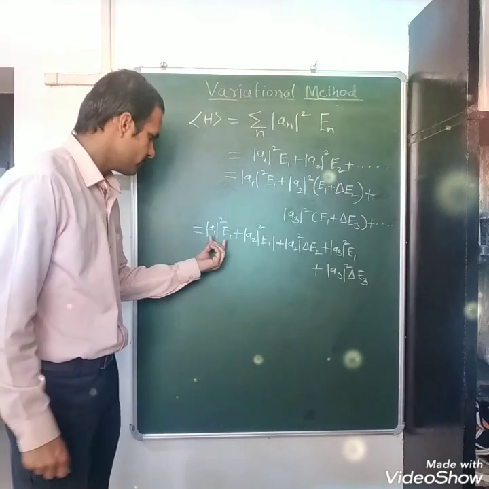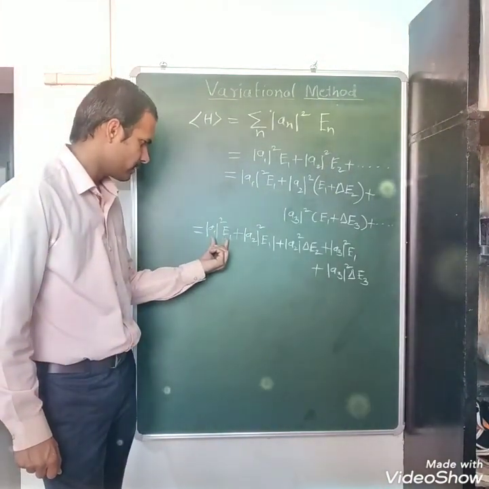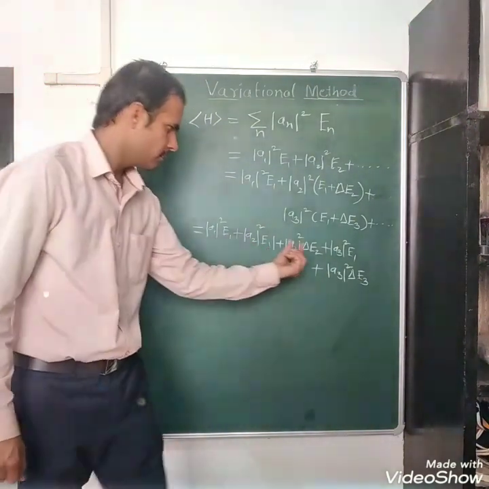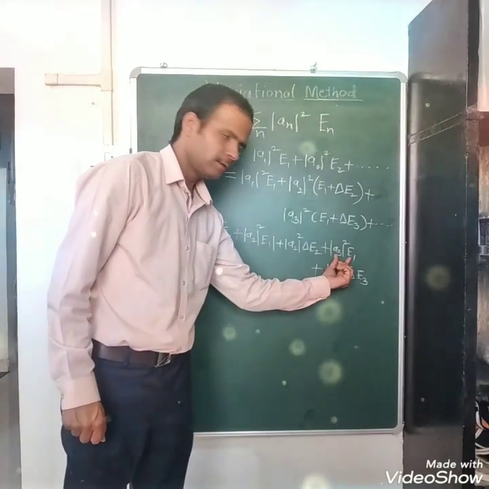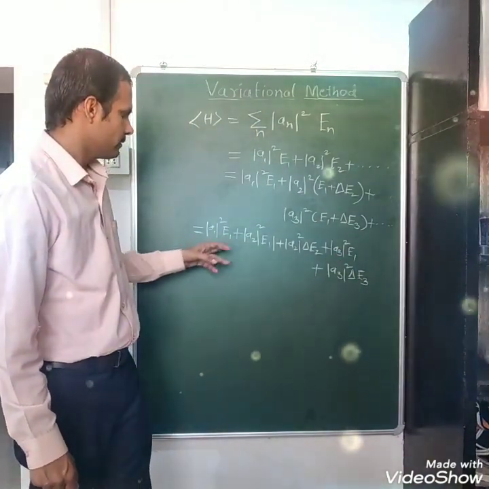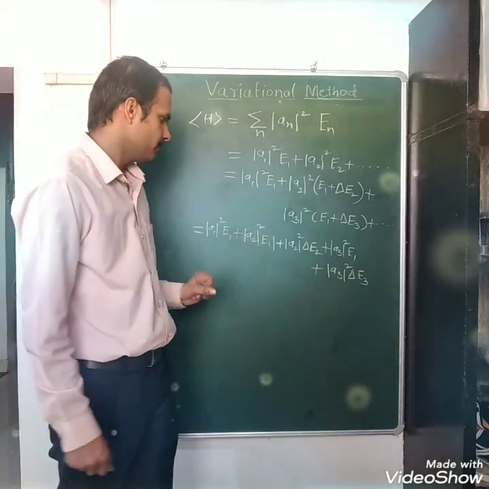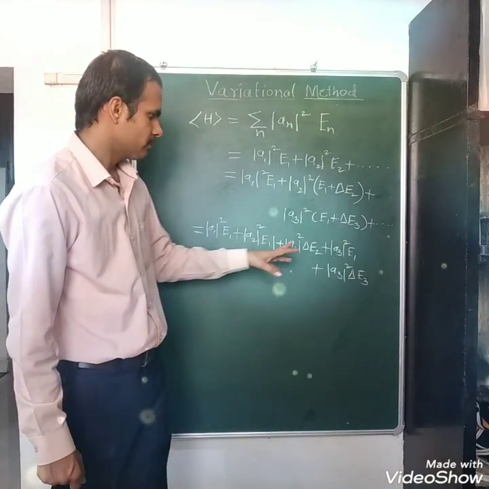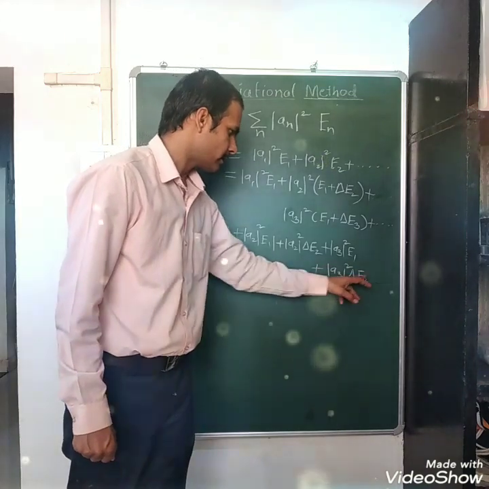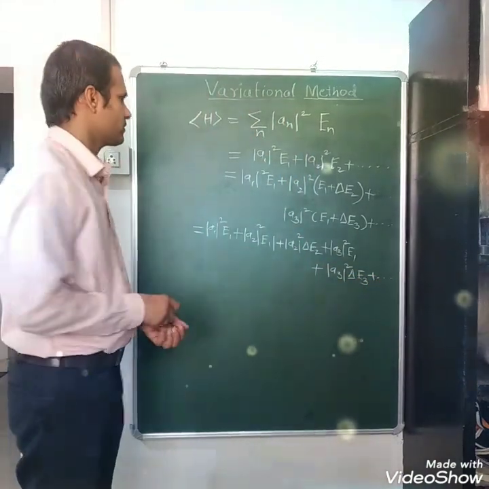Now if we collect the terms A1 square E1, A2 square E1, A3 square E1, these terms, then we can take E1 common. The other terms, A2 square delta E2, A3 square delta E3, we can write in a separate fashion.